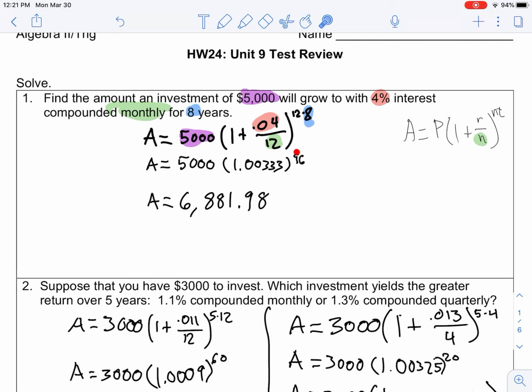Order of operations, we're going to take 1.00333 to the 96th power, and then multiply that number with 5,000 to get our amount. And then we are dealing with money, so we are rounding to the second decimal place, or to the hundredths here.